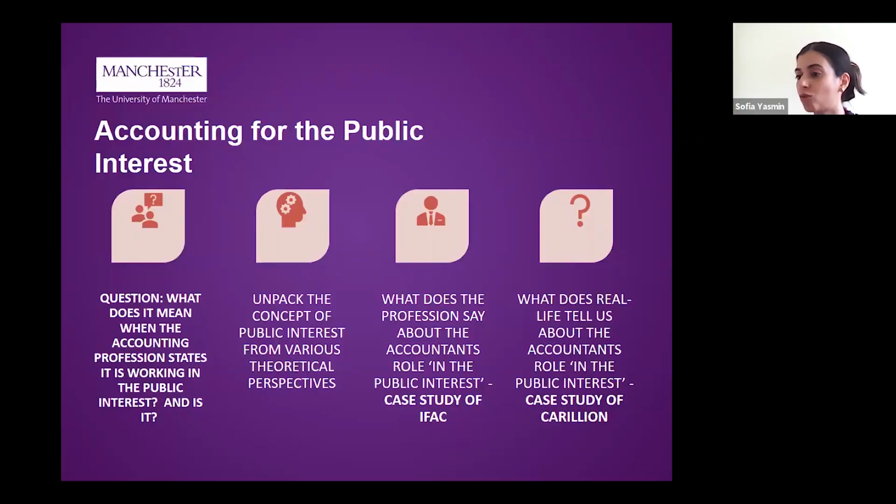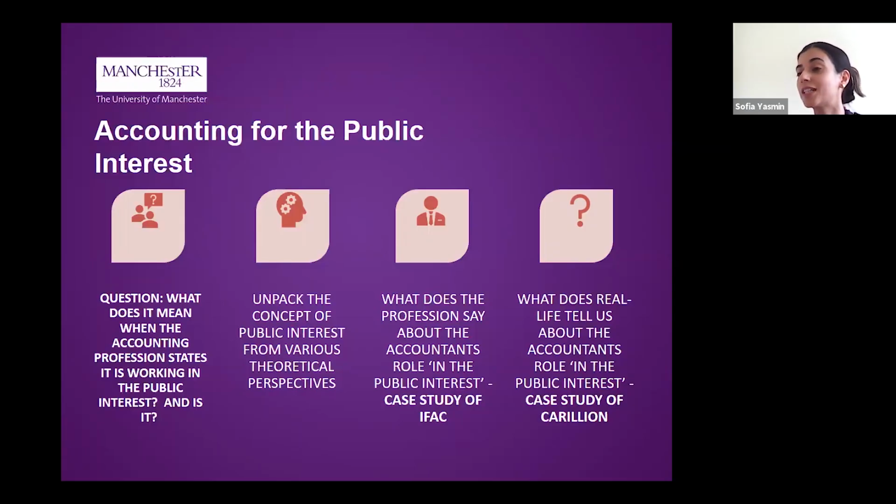We then go on to look at two particular things. So we look at what the profession says about the accountant's role in the public interest. In particular, we take a case study of the International Federation of Accountants, IFAC, and we contrast this with what real life tells us about the accountant's role in the public interest and what's been happening. Throughout this process, we look at what research is saying, and we try to come to a conclusion, really, whether accounting is working in the public interest.